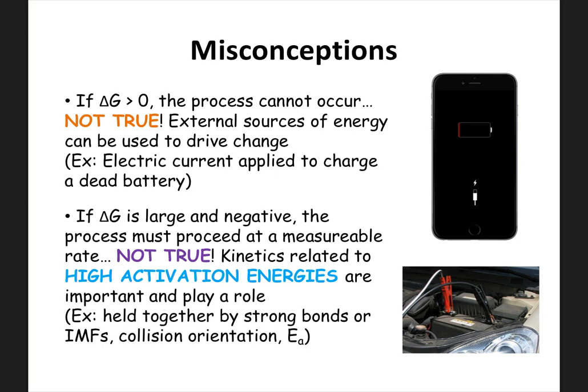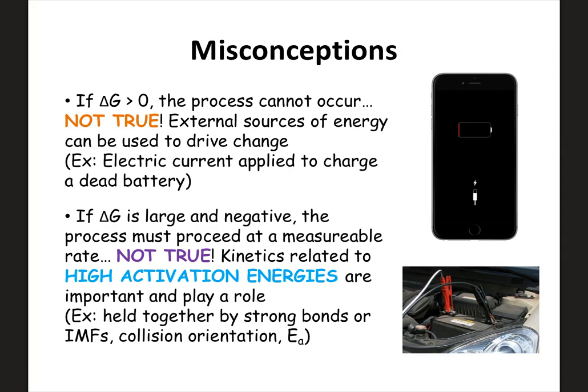All right. Another big misconception is that if your delta G is very large and negative, so a very preferred reaction here, very thermodynamically favored reaction, people just think that, oh, it will take place and it will be totally measurable and the reaction is just going to happen on its own. Well, that's not necessarily true either here.